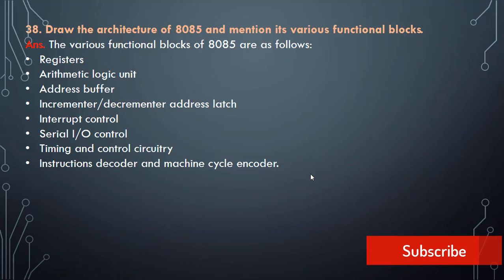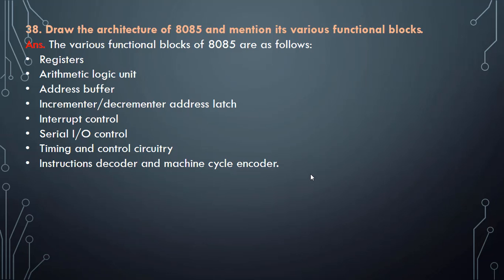The next question, draw the architecture of 8085 and mention the various functional blocks. The 8085 microprocessor contains several functional blocks like registers, arithmetic logic unit, that is ALU, address buffer, incrementer and decrementer, address latch, interrupt control, serial input output control, timing and control circuitry, and instruction decoder and machine cycle encoder.